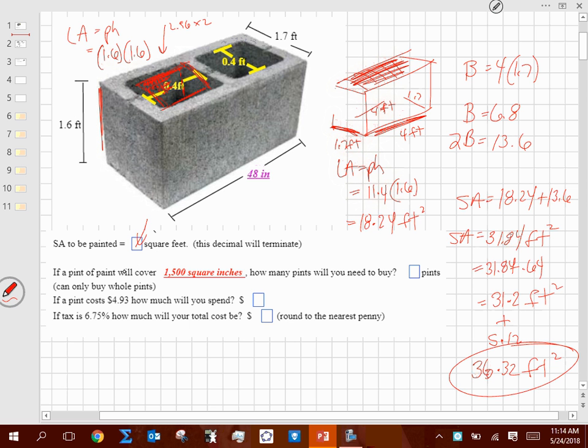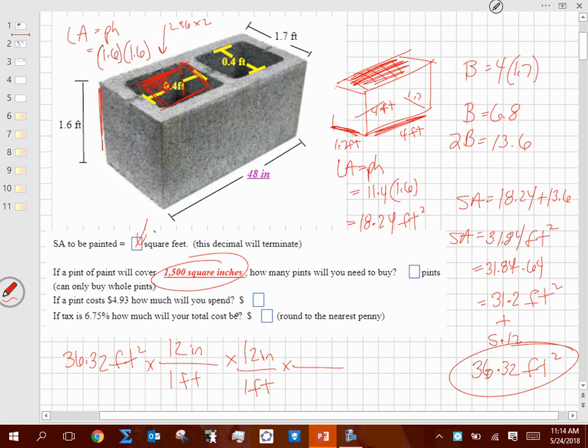So if one pint of paint covered that many square inches, how many pints will I need to buy? Well, 36.32 feet squared needs to be changed to inches, so 12 inches for every 1 foot, 12 inches to every 1 foot, okay?